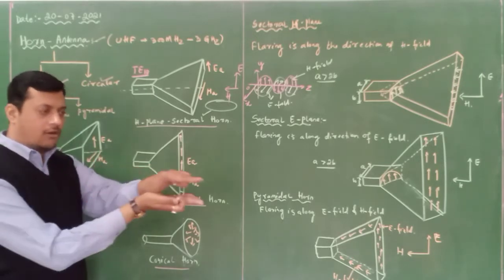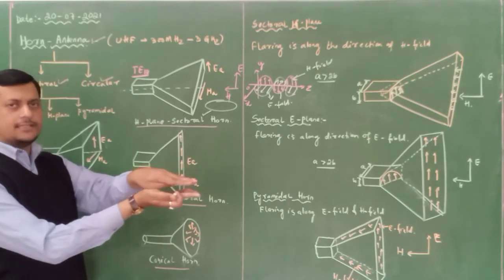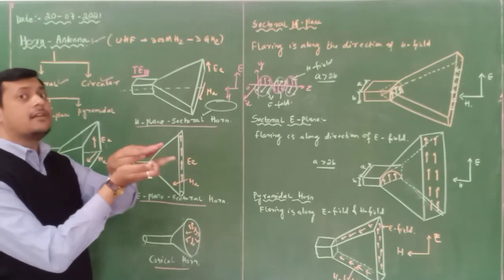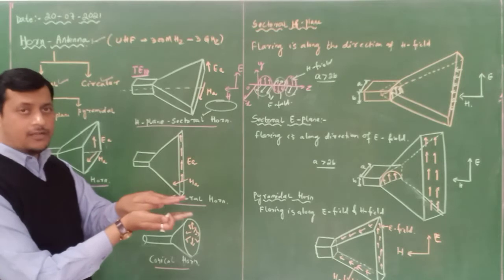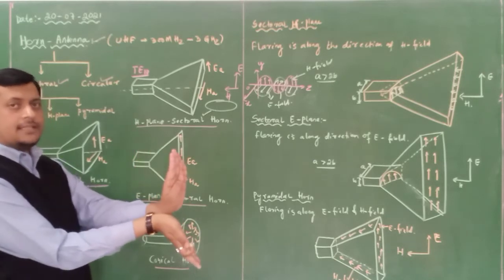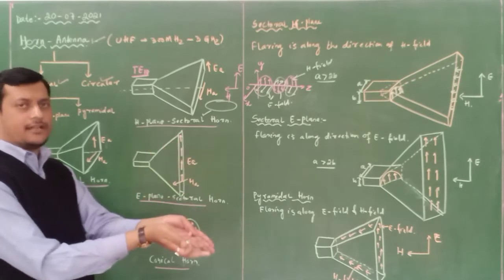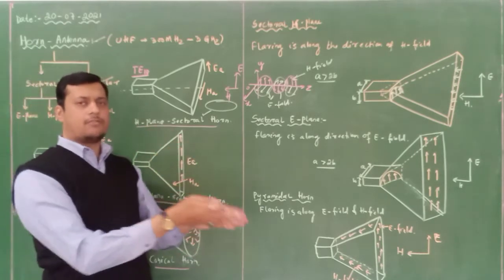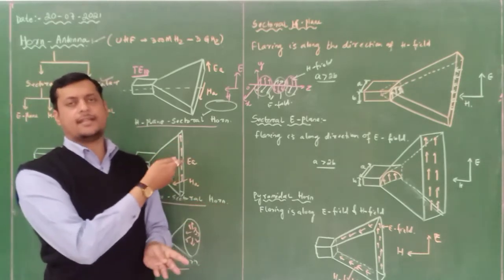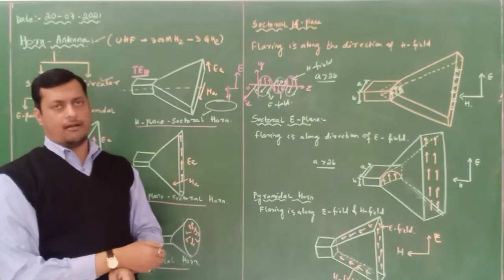But if it is only horizontal, if it looks like this, that means it is called our H-plane sectoral horn antenna. If it is open, that means it is a vertical horn antenna. And if both vertical as well as horizontal openings are there, then I will say it is called a pyramidal horn antenna.